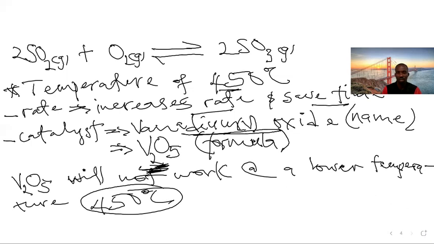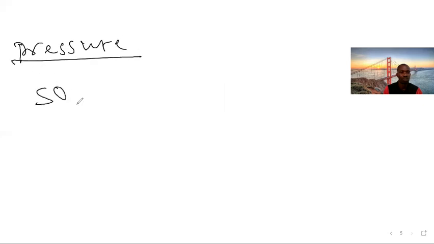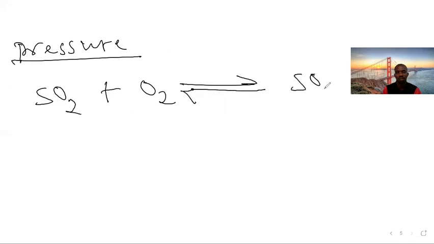Now, at what pressure will this reaction take place? Going by Le Chatelier's principle again, let's look at the pressure. What will the pressure be? Let's go back to our equation, reversibly this way. This is the gas. Because we are talking about pressure now, we need to include that.